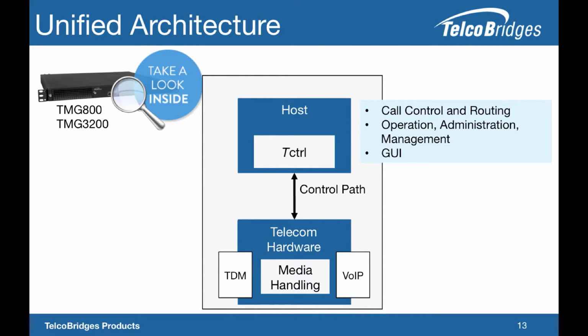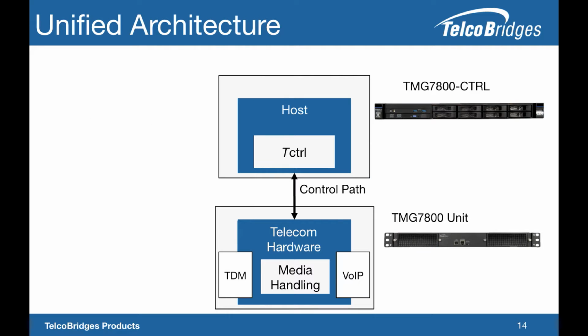The T-Control operating software is responsible for the call control and routing, operation administration and management, and also provides a GUI, while the firmware running on the telecom hardware is handling signaling and media. The TDM interface and the voice over IP interface sit on the telecom hardware.